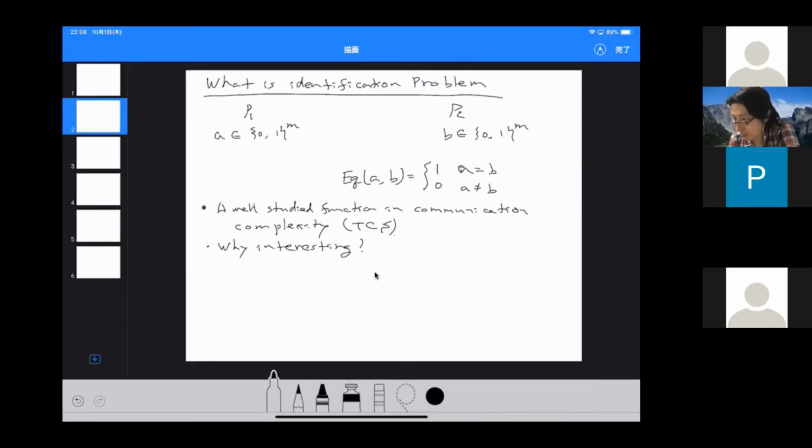Mainly because for this function, randomized protocols significantly improve upon deterministic protocols. So this identification function, the equality function, is one of the typical examples in which a randomized protocol significantly improves upon a deterministic protocol.